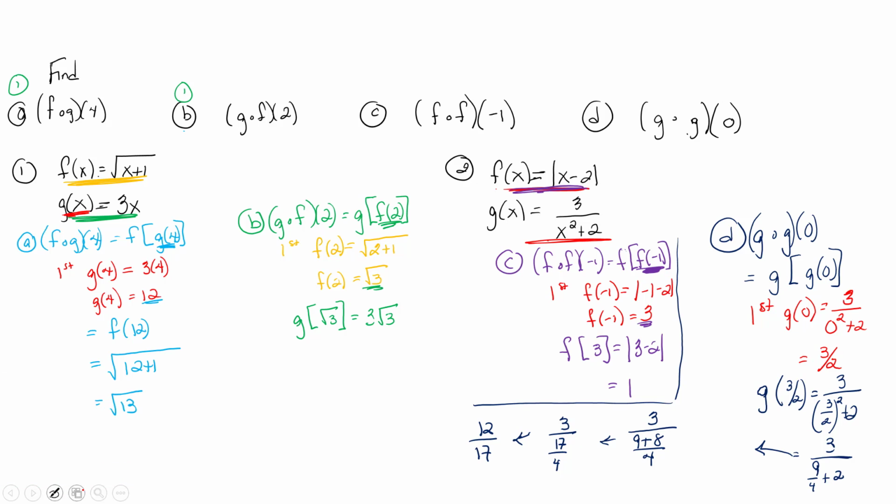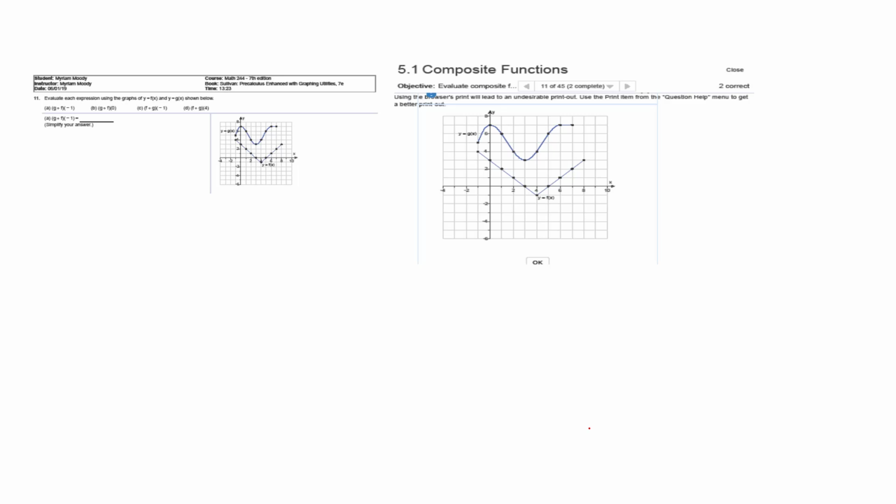Like, wait, how'd you get 12 over 17? Well, I'm going to take 4 over 17 and multiply it to the top and bottom. How's that? We all right?